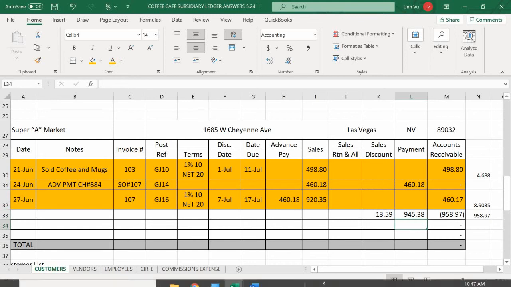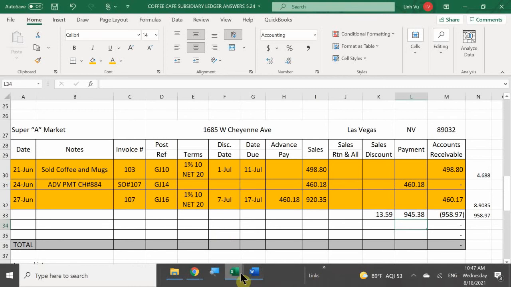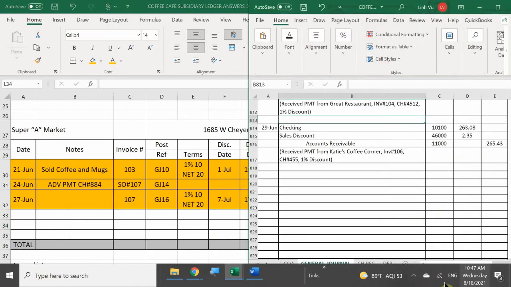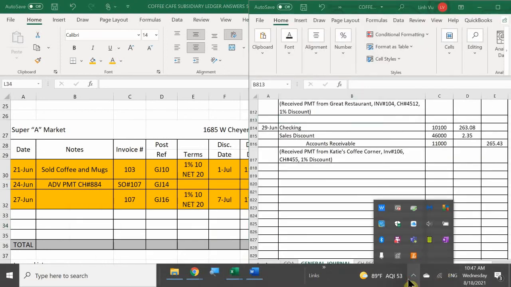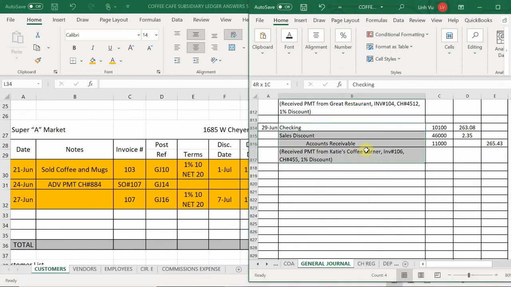Okay. So let's go ahead and compute that into our journal here. Same thing here. We're going to do checking and sales discount.